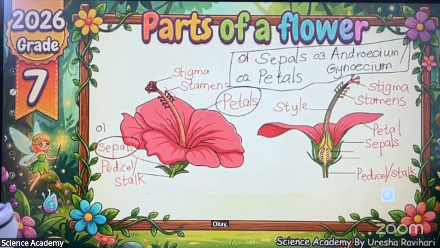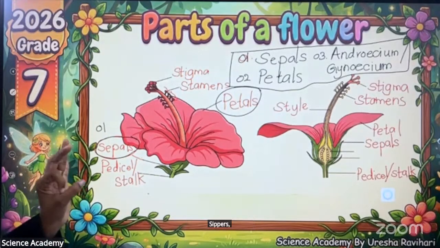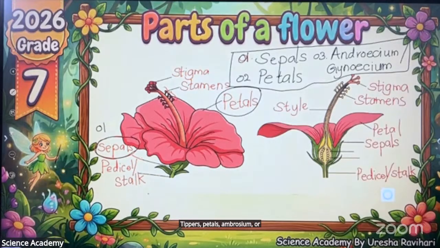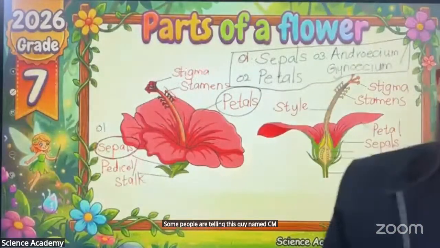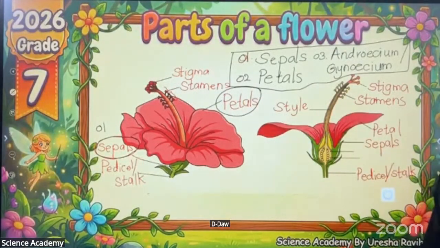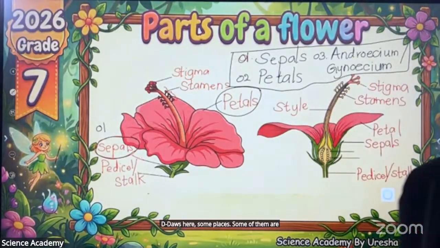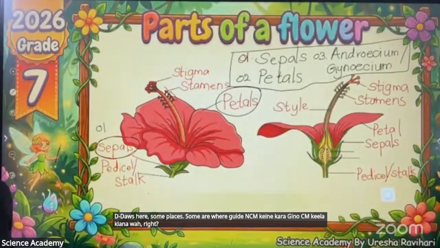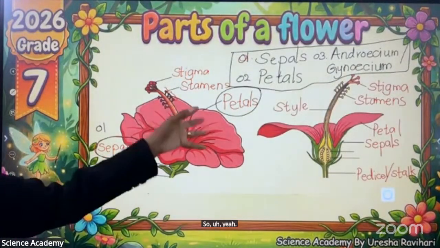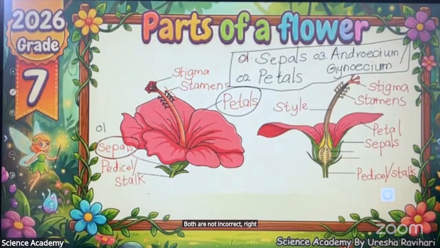Okay, quickly write on page number 14. There are three typical parts: sepals, petals, androecium or gynoecium. Right? Some people, children, say gynoecium as genosium. Both are not incorrect.